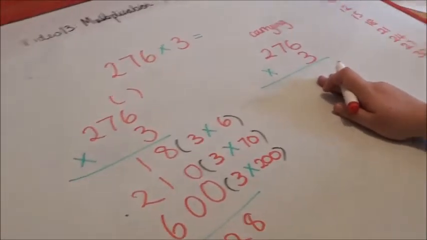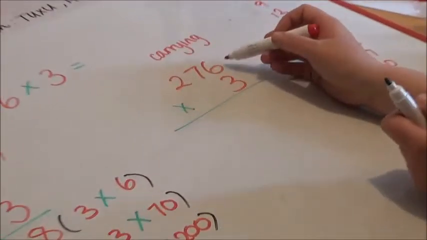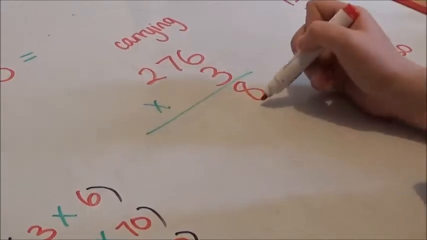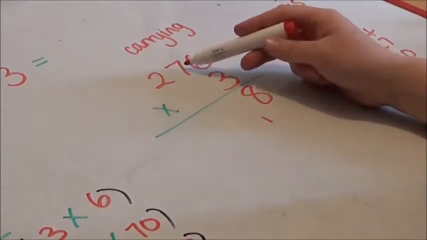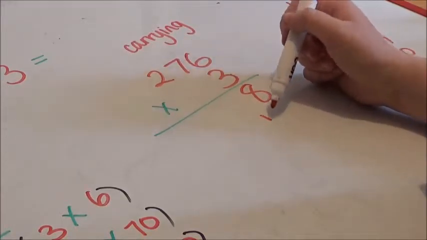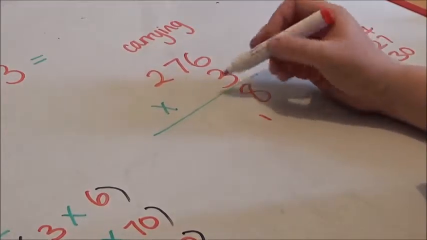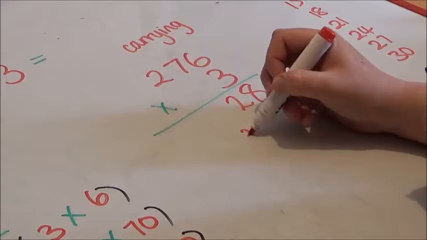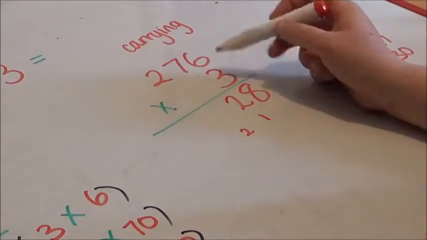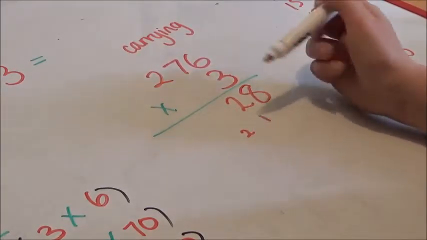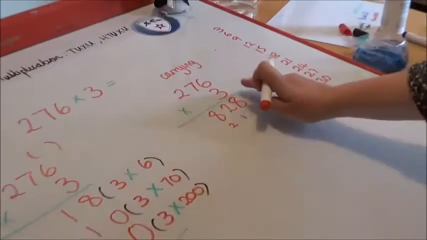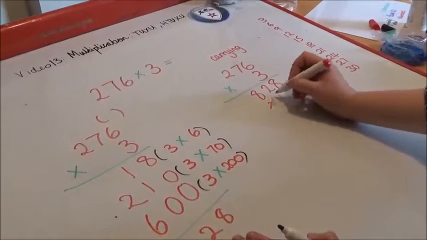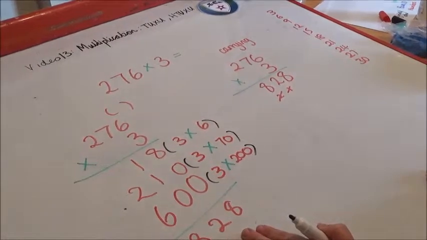Using the carrying strategy, I'm going to say 3 times 6 is 18, 8 in the units and carry the 10 underneath. 3 times 7 is 21, add the extra 1 is 22. So the 2 in the tens and carry the 200s underneath. 3 times 2 is 6, add the extra 2 is 8. Same answer. This one was quicker than this one, but has a better place value understanding.